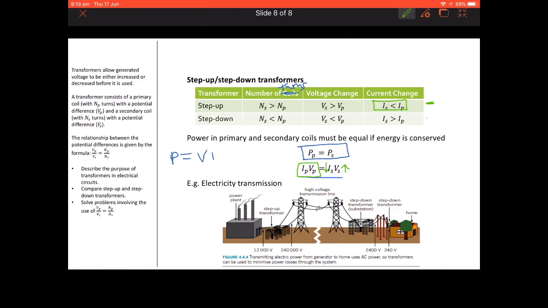Conversely, in the step-down transformer, if your voltage in the secondary coil is less than the voltage in the primary coil, and therefore your number of turns in the secondary coil is less than the number of turns in the primary coil, to compensate for the fact that the voltage is less but the power needs to be the same, the current in the secondary coil is greater than the current in the primary coil.